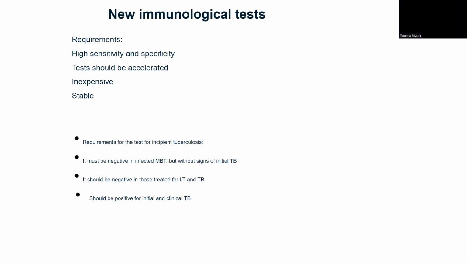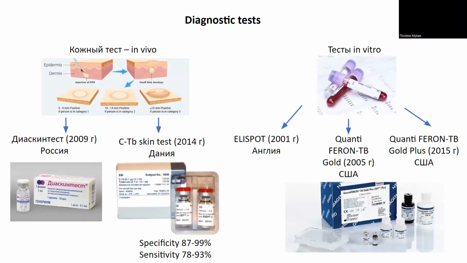A new immunological test should have high sensitivity and specificity, and be accelerated, inexpensive, and stable. Diagnostic tests you can see here: the skin test, ELISpot, QuantiFERON-TB, and so on.